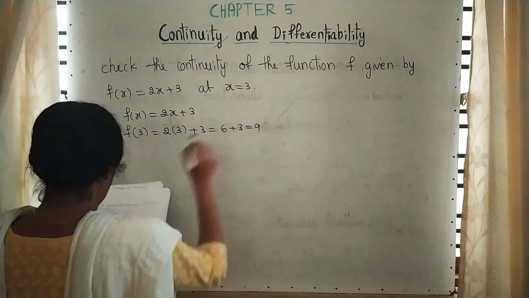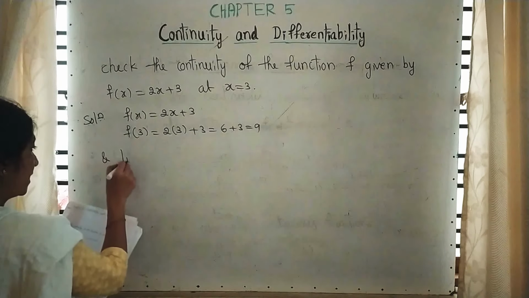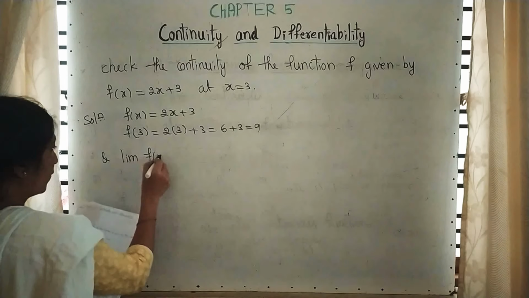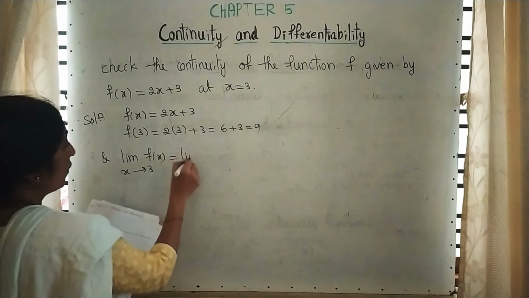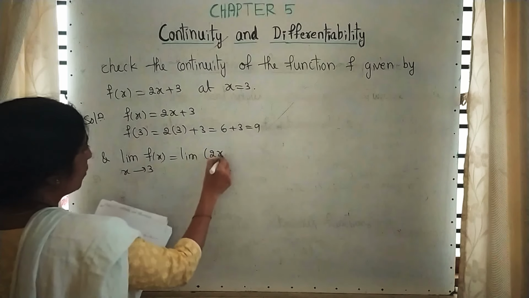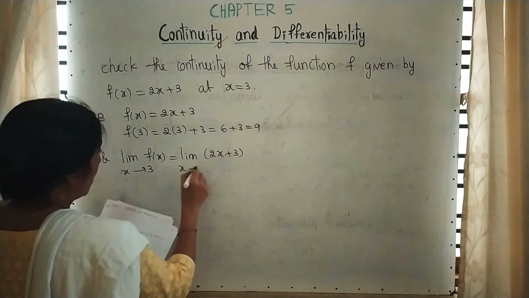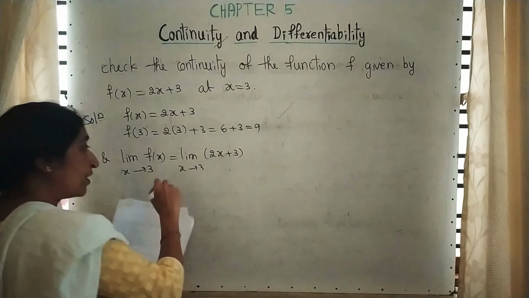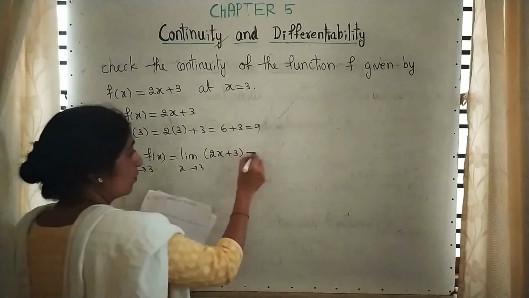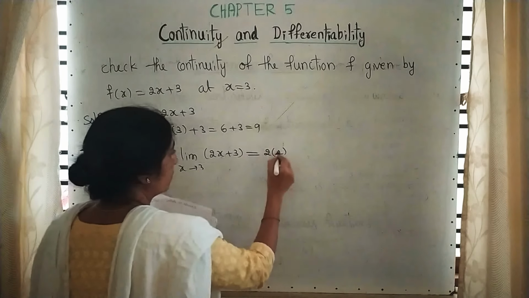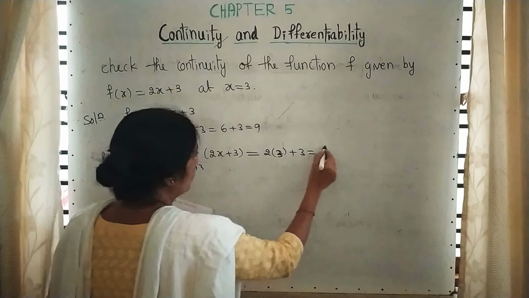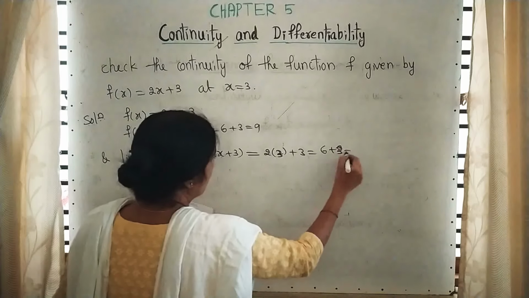That is 9. And I am calculating the limit, limit f of x as x tends to 3. That means f of x is replaced by 2x plus 3, and after writing this, when you are substituting the value of x, at that time don't write limit. Write down that value. That is 9.